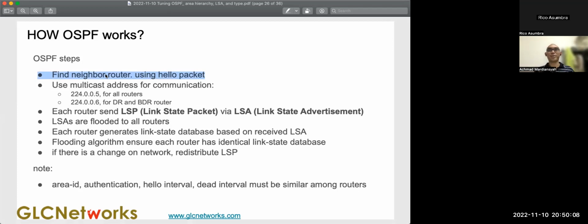If everything is okay, but sometimes it's not okay, right? For that condition, I would suggest not to use a network type that does election. Because sometimes you have two routers, one is DR, the other is BDR. When the link is broken, sometimes both routers become DR. Can you imagine that?